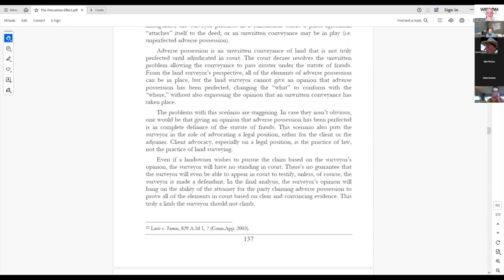The first of which is straight boundary retracement. We are taking a deed, putting it on the ground, and noting any discrepancies between the deed and the ground. Some of those discrepancies could possibly be caused by, say, adverse possession. So we have to be able to recognize the parts of adverse possession.